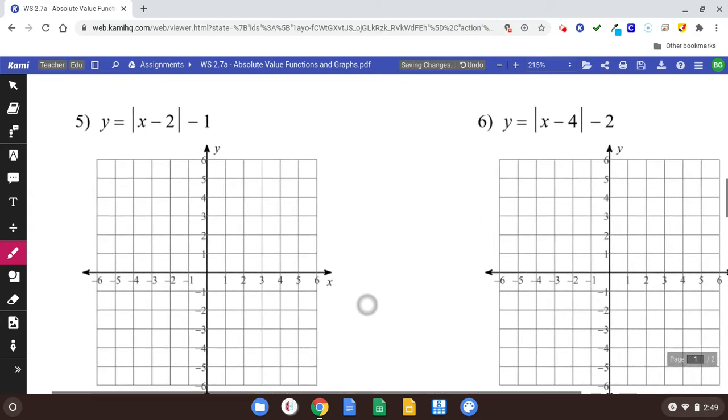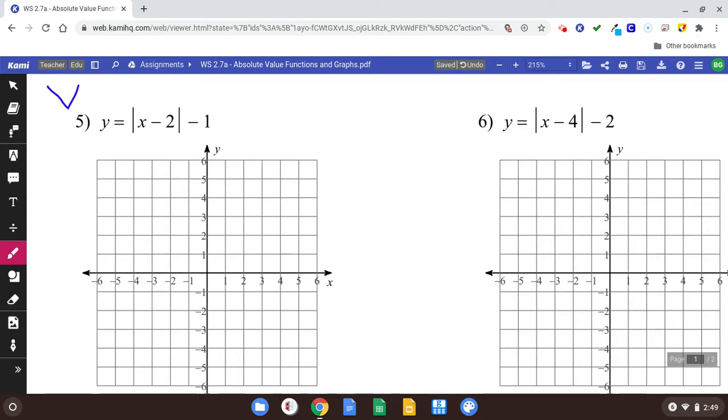Number 5, there's no flip, so it's just a regular V-shape. You look inside here, and again, what number makes 0? It's going to be +2. This number over here is the downshift, but that tells me we are at 2, -1. So if you think about it, you can think about transformations as right 2 and down 1, or you can think about the vertex at being +2, -1.